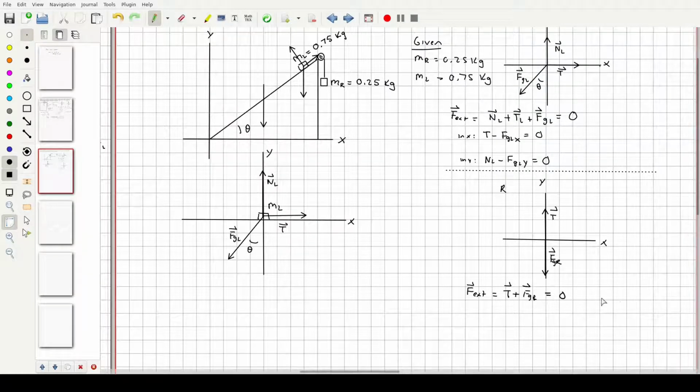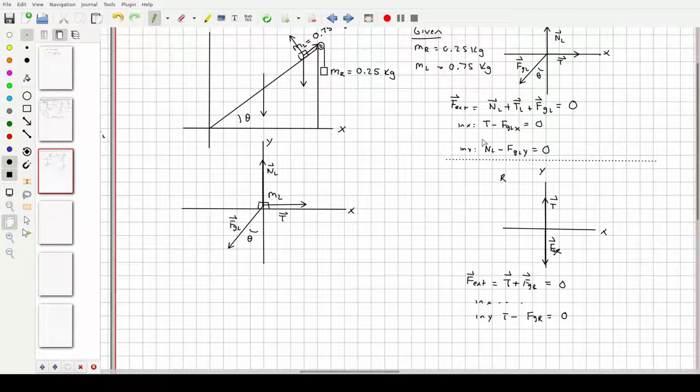But these are also going to balance each other out because if this one isn't experiencing any change in motion, this one shouldn't be either. Okay? So here, in x, there's nothing interesting going on. But in the y direction, we have a positive tension and we have a negative weight. Okay?